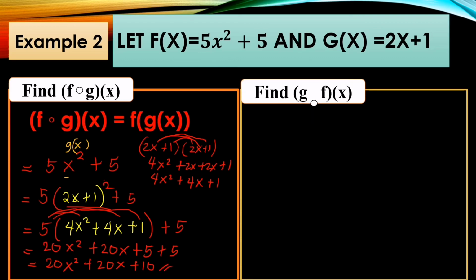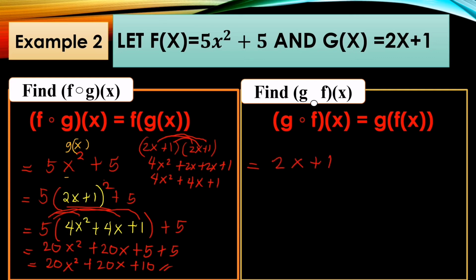Another. Find g composed with f of x. Again, we need to use the function g of x, which is 2x plus 1. We substitute the value of our x by using f of x.